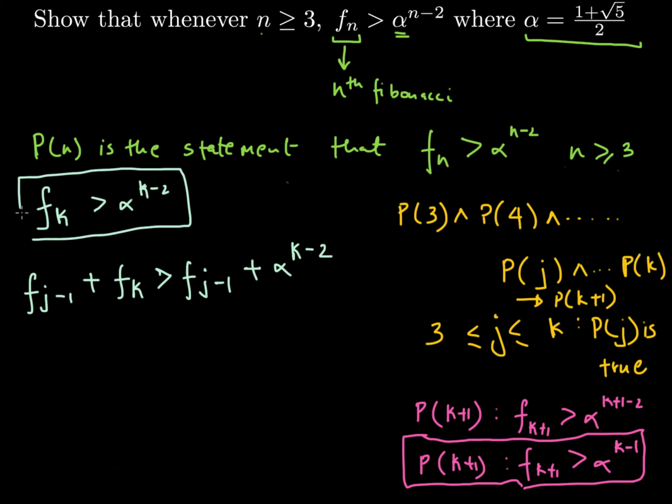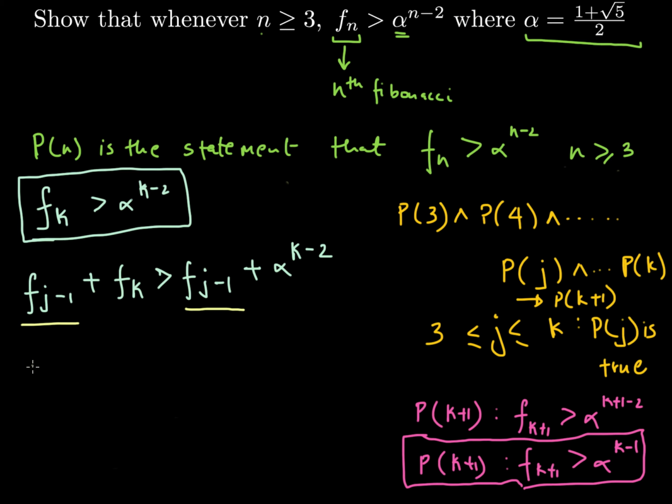So given this inequality in the box over here, I'm adding f of j minus 1 on the left hand side and adding alpha to the power of j minus 1 minus 2 on the right hand side. Now because this j over here varies between 3 and k, and also I'm making sure that j minus 1 over here is some j minus 1 Fibonacci that also happens to be between these ranges, between 3 and k, I can now do this as follows.